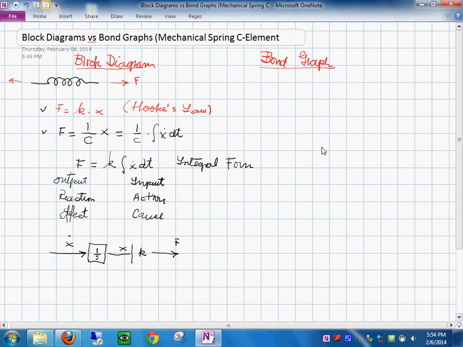The Simulink notation calls for this not to be a square but rather a triangular shape for this kind of element. Let's just do that.